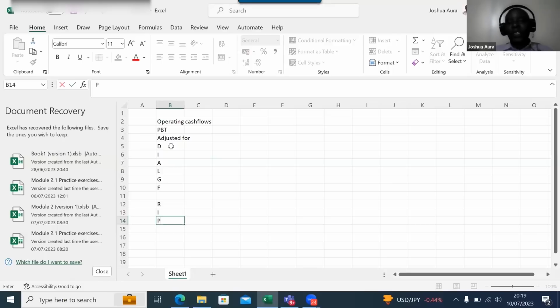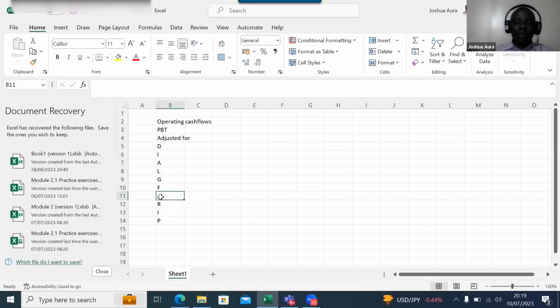You start with profit before tax, and then we have adjustments that we must make. You normally cram it like this: you dial God's number for food, or you rest in peace. Down here we are supposed to have what we call working capital changes.